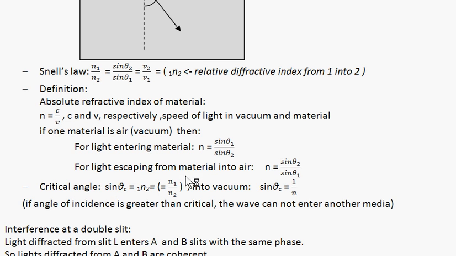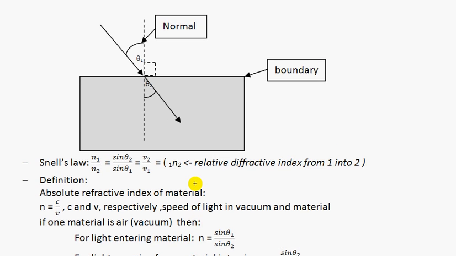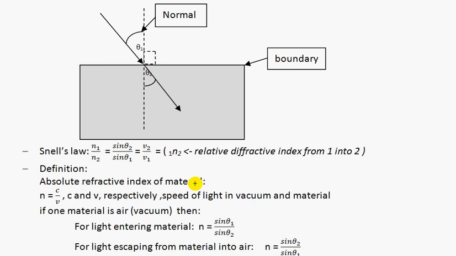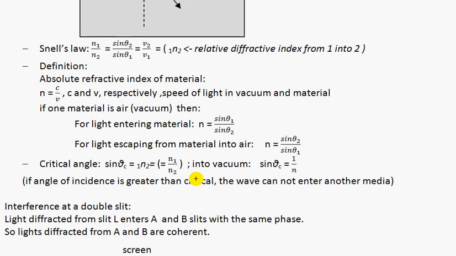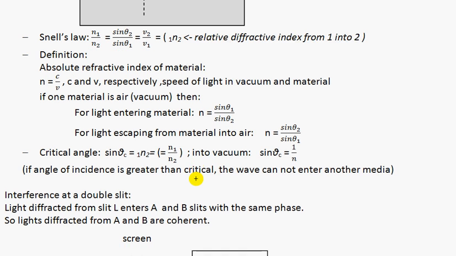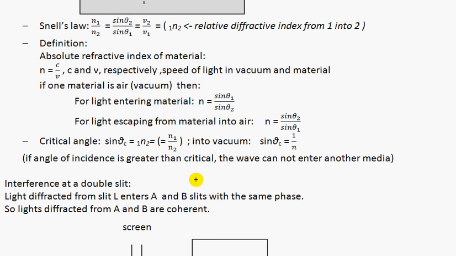For light escaping from a material, it is vice versa. If we go into a material in which light goes faster, it is possible that the wave will not go through.